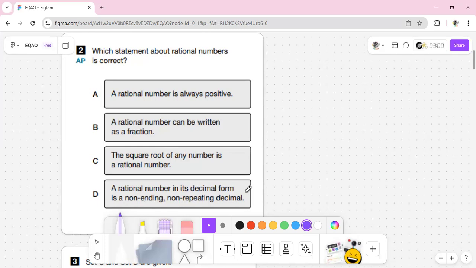That is not true because, for example, if I take the square root of 9, I get a whole number, 3. And rational numbers are always positive. That statement is not true either. So the only statement that is true is that a rational number can be written as a fraction. So B would be the correct answer here.